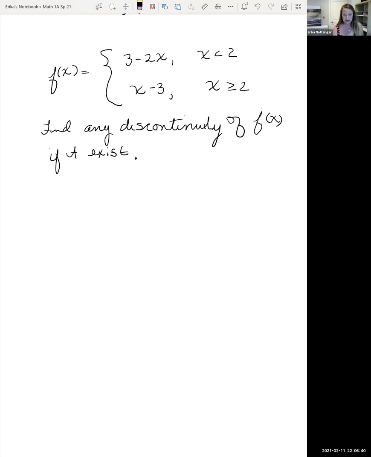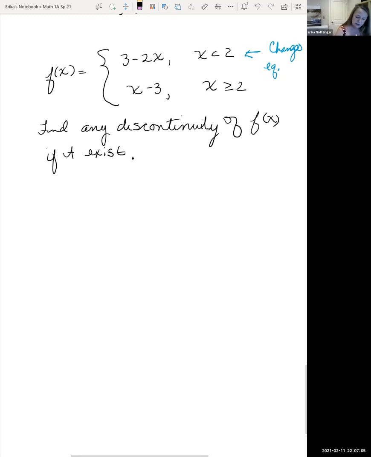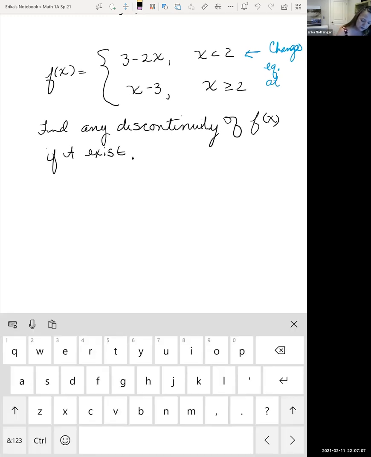If we look at the second equation, x minus 3, that's also a polynomial, so it's continuous everywhere. So really with piecewise functions, what we have to be careful of is when it changes equations. And so it's going to change equations at x equals 2. And so we need to look at what's happening on the left of x equals 2 and at the right of x equals 2.